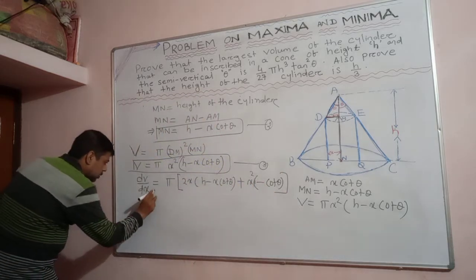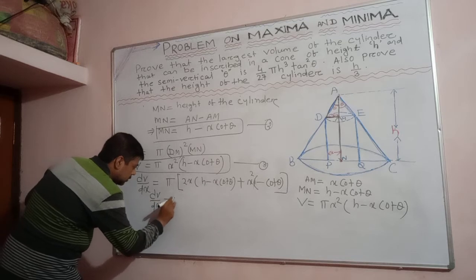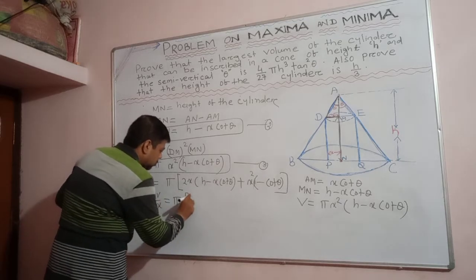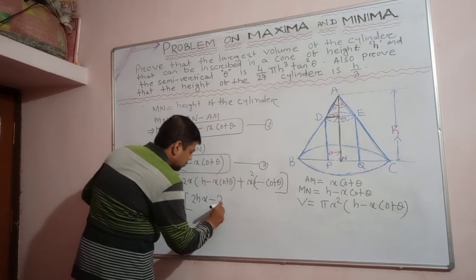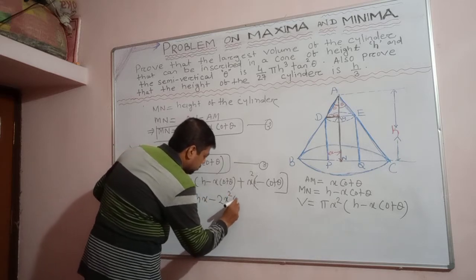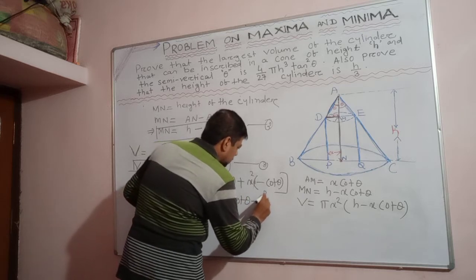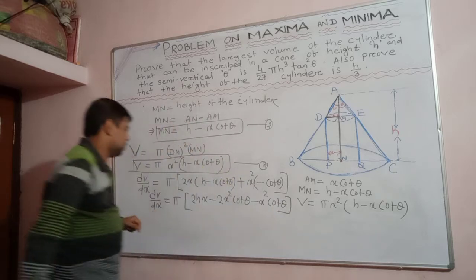Hence we got dV upon dx equals pi multiplied by 2hx minus 2x square cot theta minus x square cot theta.